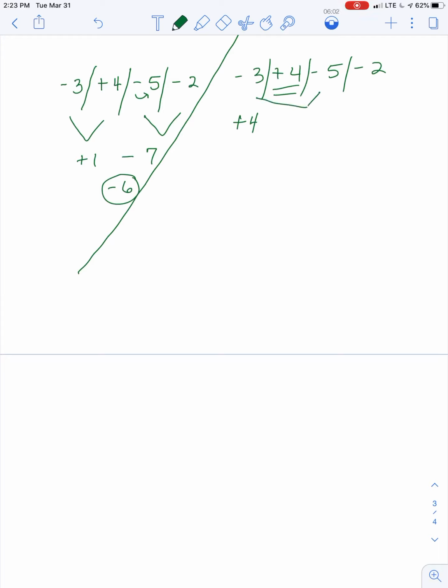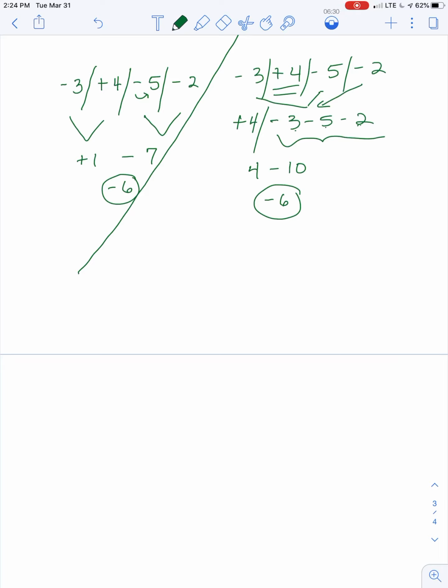And then I'm going to take my negative 3, my minus 5, or a negative 5, and my negative 2, and I'm going to write those together here. So I have minus 3, minus 5, minus 2. Okay, so I look at this like I've got 4, and then I'm going to put these negative numbers together. Let's add those up. I have 3 and 5 is 8, 9, 10, subtracting 10, and look, I get the same exact answer. Okay, and that's without using parentheses.